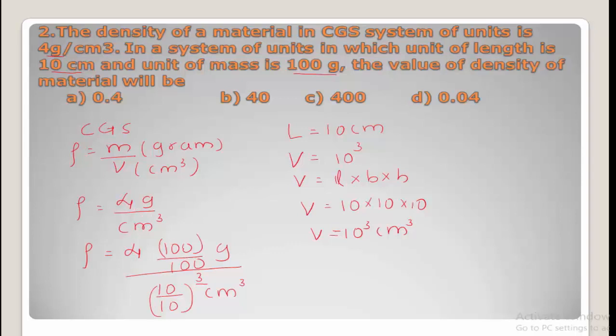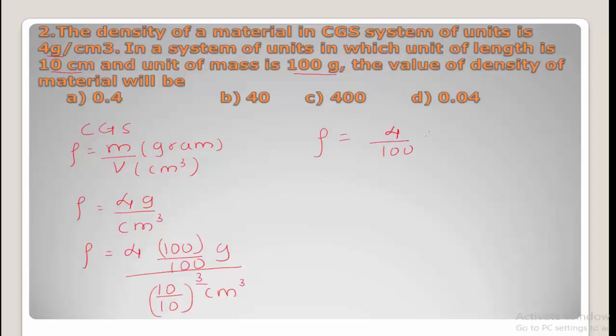So now we are defining a new system here. Here rho density is equals to 4 divided by 100 gram whole divided by 1 by 10 raised to 3 centimeter cube. Now the new system is increased by 100 gram divided by 10 raised to 3 centimeter cube.